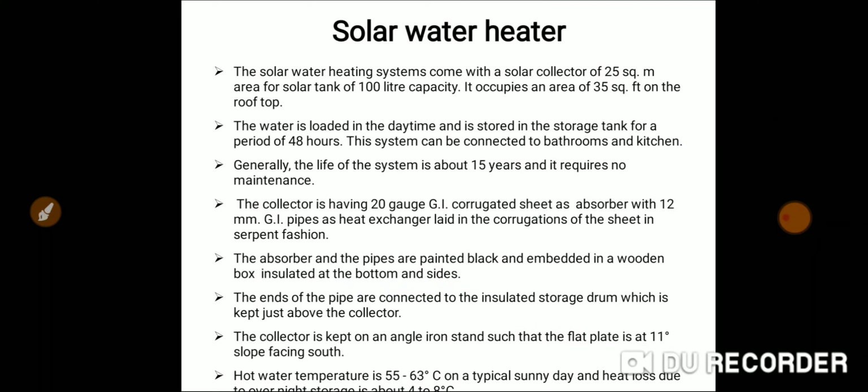A solar water heater system consists of a collector for 100-liter water capacity.